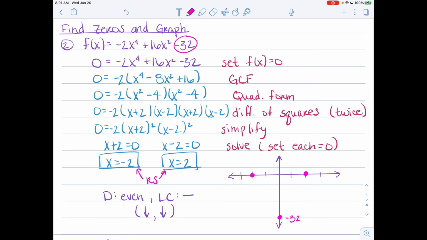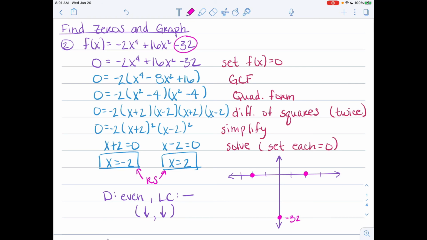So the scale of my y-axis is definitely a lot more condensed than my x-axis. I know that I start with an arrow going down and I end with an arrow going down. I also know, because my repeated solutions were raised to an even power, there's a 2 here and a 2 here, that my graph bounces off the x-axis at those points.